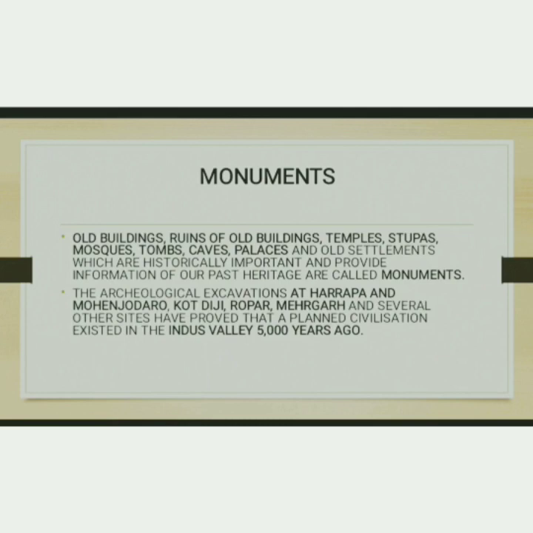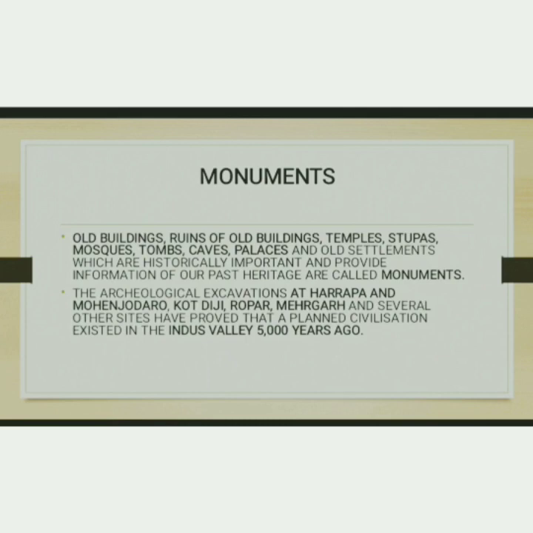Monuments. Old buildings, ruins of old buildings, temples, stupas, mosques, tombs, caves, palaces, and old settlements which are historically important and provide important information of our past heritage are called monuments.